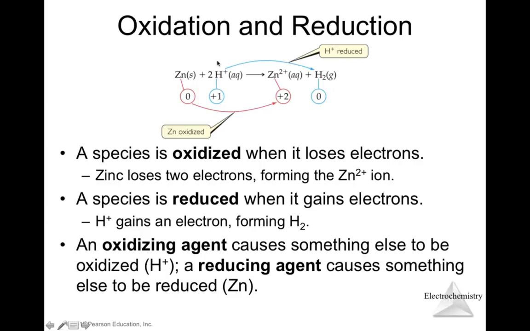Because hydrogen was reduced, the zinc is the reducing agent. On the other hand, hydrogen received those electrons from the zinc, so it was reduced, but it oxidized zinc. That's why hydrogen is the oxidizing agent.